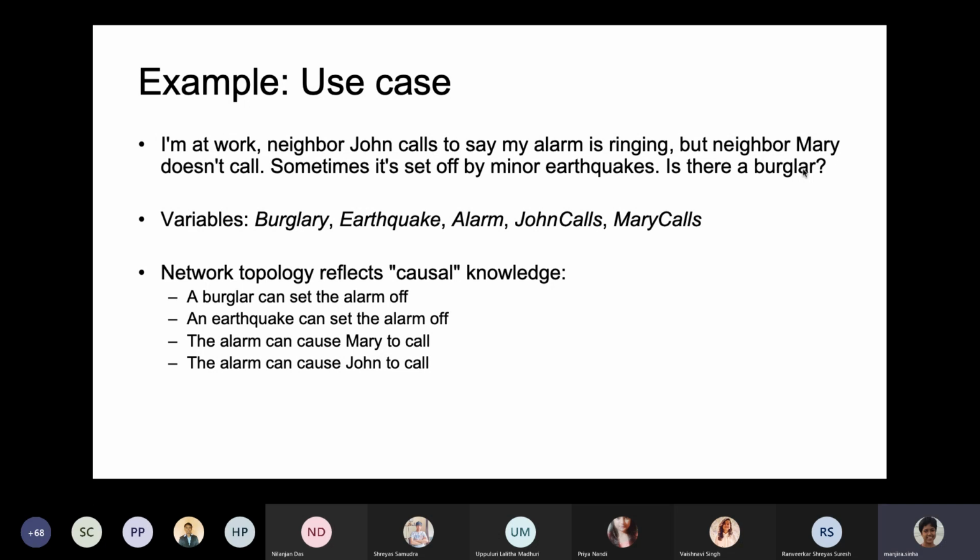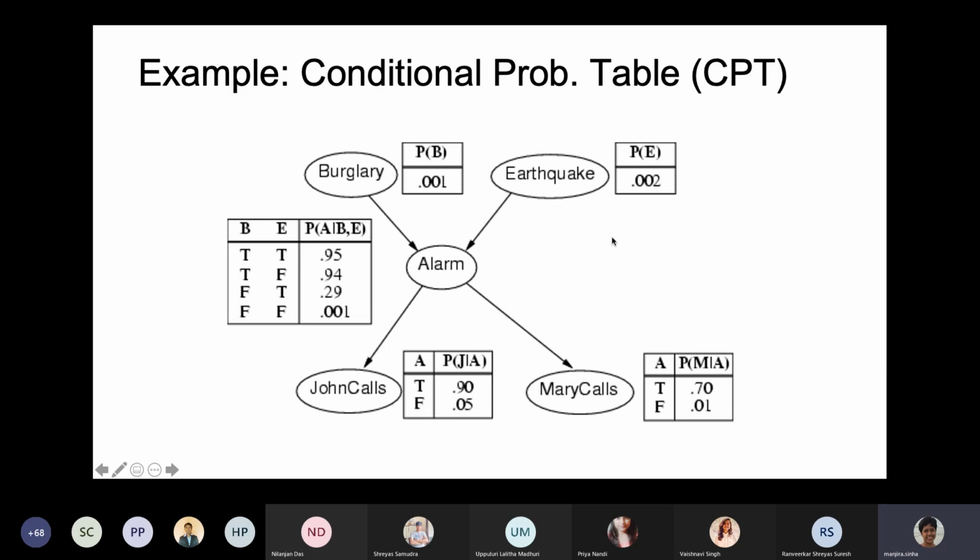Specifically, this is what we try to do with automatic mathematical equation generation from a natural language problem statement, because when we do it manually, we are doing this. We made our network this way because at the end we need to find the probability of Mary not calling given the alarm has gone off and also burglary happened. That's why we are choosing this network.